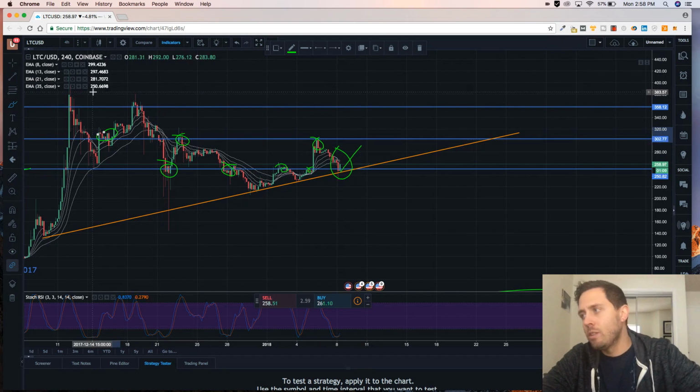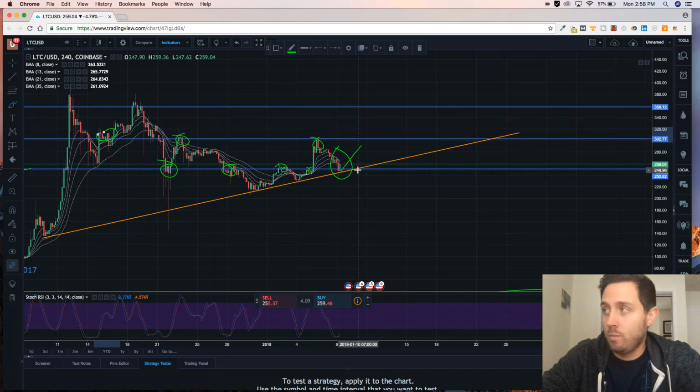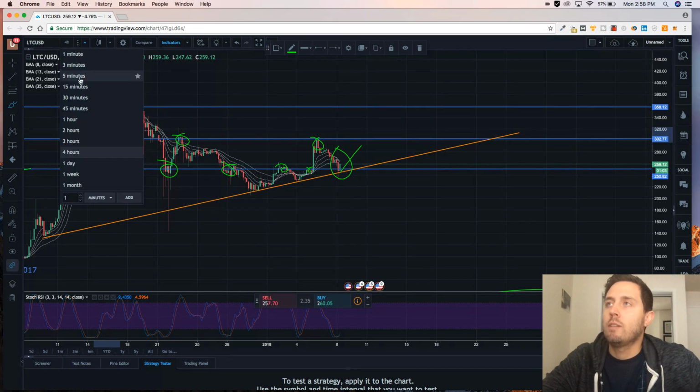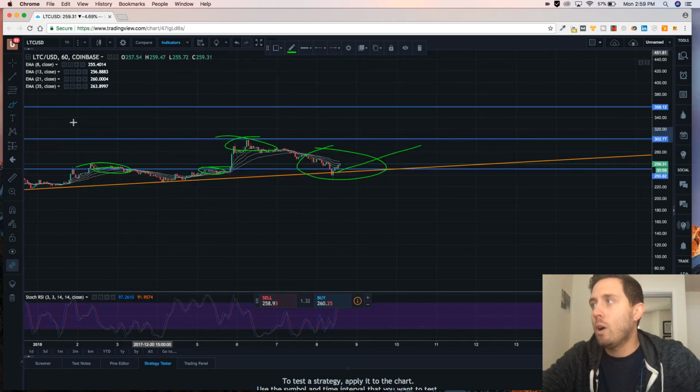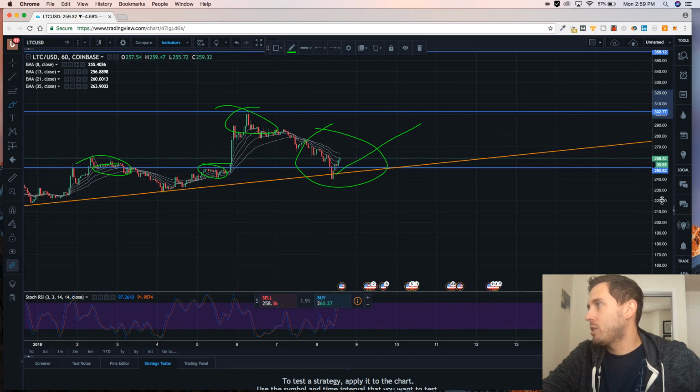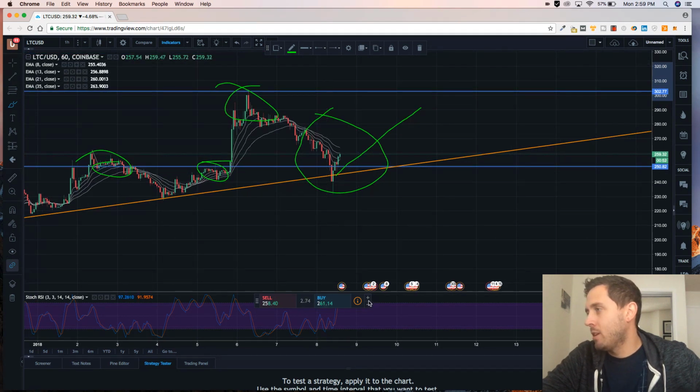Now, the question is when and if it will bounce off this trend line, because we're on a 4-hour chart. And if you zoom in, and this is something I wanted to hit on real quick, on the 1 hour, you'll see that it looks to be a little overbought on the stock RSI.